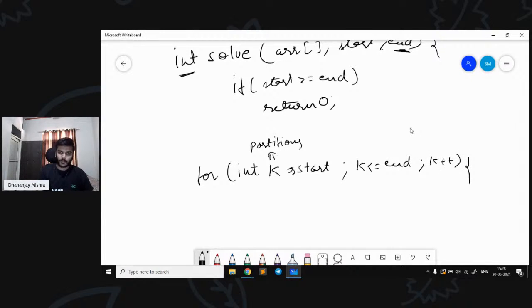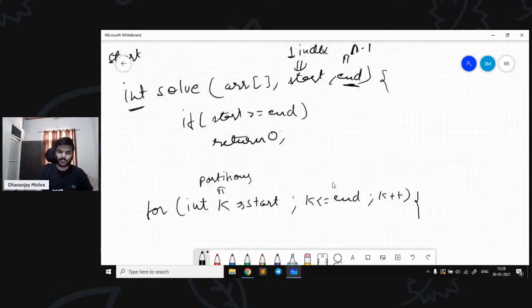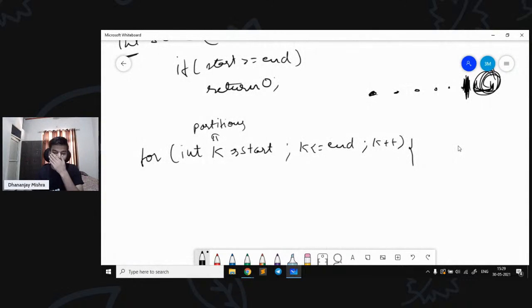We assume that we can do partitions up till this end, because if I do a partition here, after that we will have an empty array, and this empty array will be taken care of by this base condition. We assume this, but I will tell you now why it will fail.